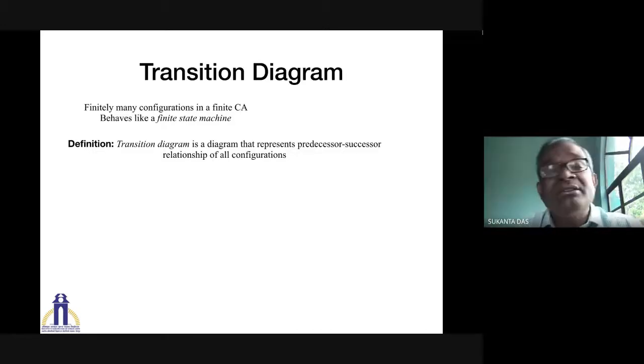If you draw this on paper, that diagram is called a transition diagram, sometimes a configuration transition diagram. From one configuration, which configuration the CA moves to is specified by that diagram.